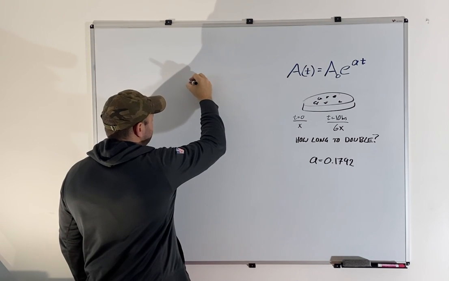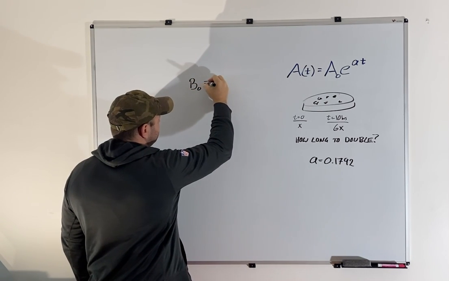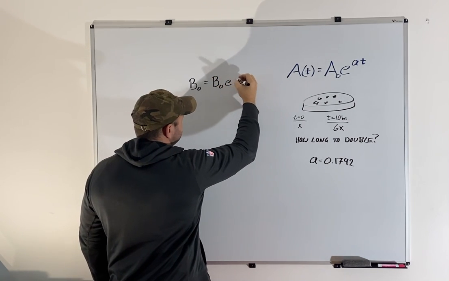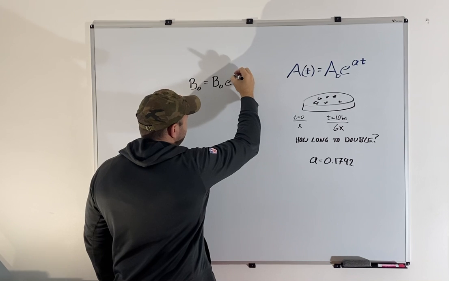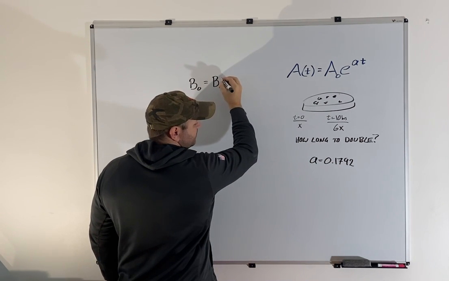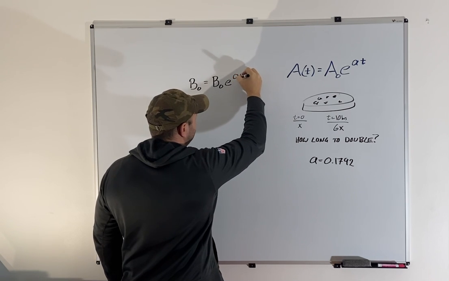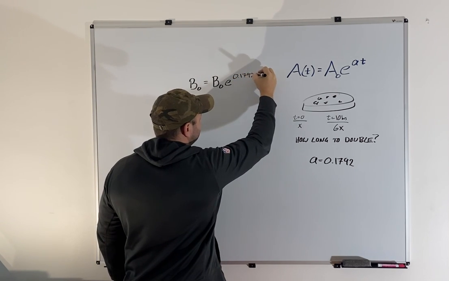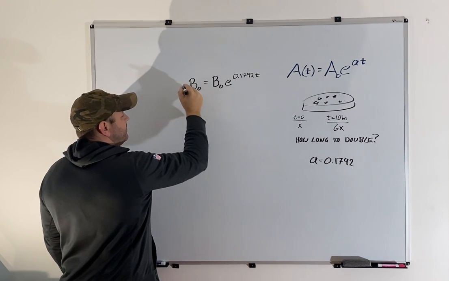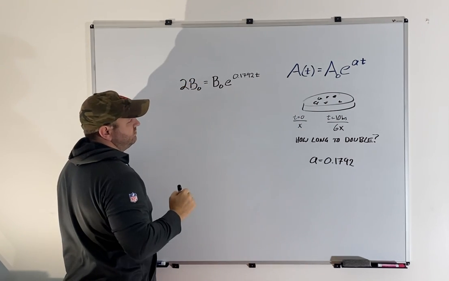So again, I'm going to say amount of bacteria is equal to amount of bacteria at the beginning times e to the aT, but we know a, and it's going to be 0.1792 T. And the amount that I'm curious about is double the amount.